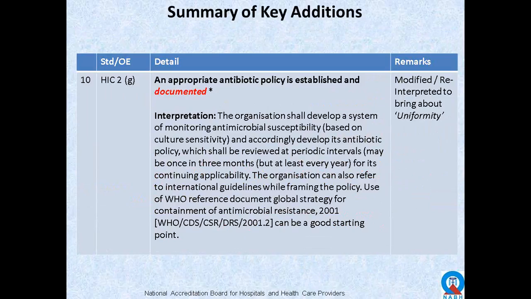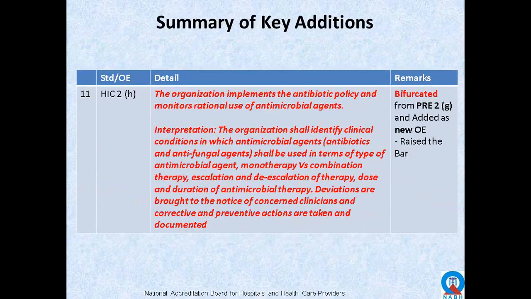And HIC 2G, appropriate antibiotic policy is established and documented. So this has been modified, reinterpreted to bring about more uniformity. Next is on 2H. The organization implements the antibiotic policy and monitors rational use of antimicrobial agents. So here again, this has been bifurcated from 2G and a new objective element is added.